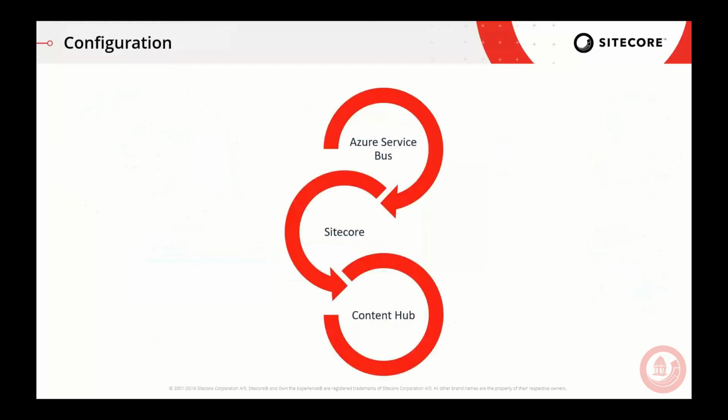So the configuration of Connect for Content Hub is basically done in three steps. The first step is your service bus. The second is Sitecore, and the third one is to do a little bit of tinkering in Content Hub. I will briefly go through all of them quickly.